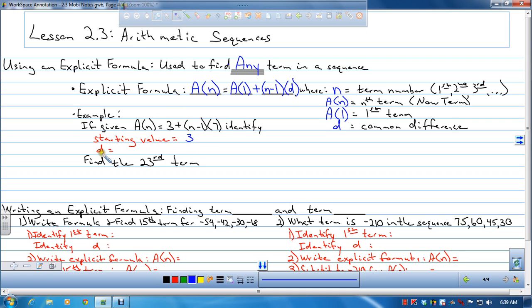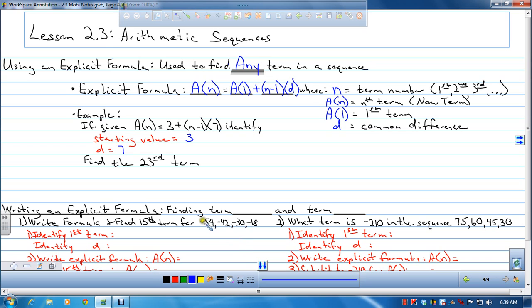And what is the common difference? Well, it goes at the end here, so that common difference must be 7. So what that should mean to you is I'm starting at 3 and I'm going up by 7 each time. So to tell me the next few terms shouldn't be that difficult. We'd be at 3, and then we'd be at 10, and 17, and then 24, and then 31.